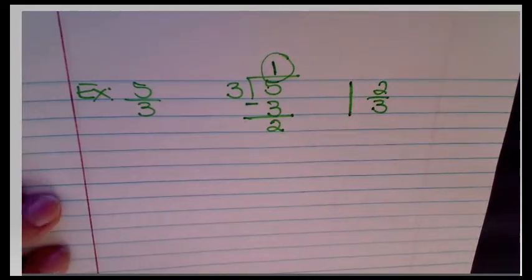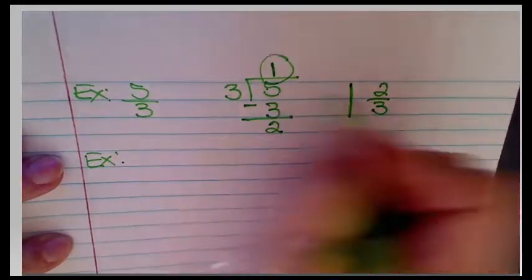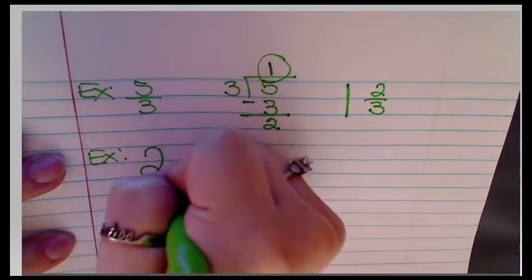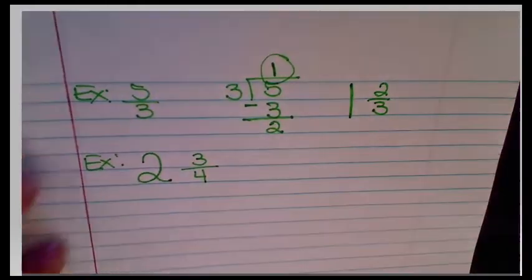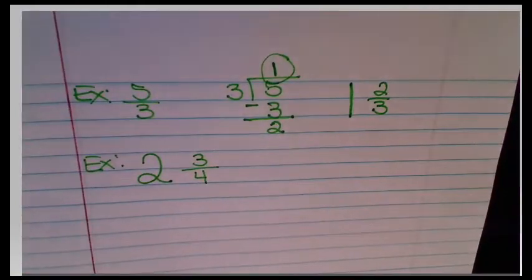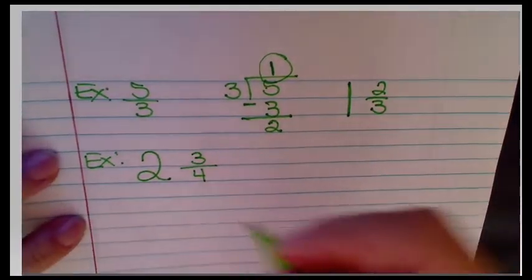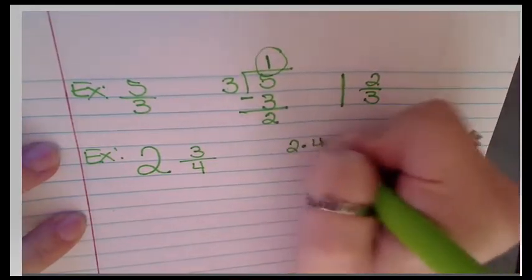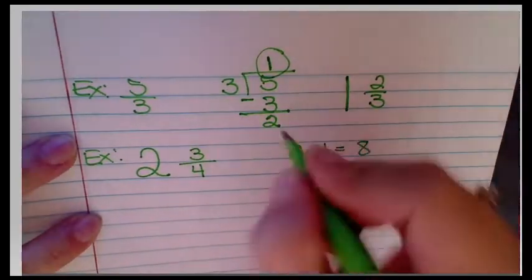Let's do another one where we go from mixed number to fraction. Just so we remember, let's do one with a 2 out front. We have 2 3/4. So this time we're trying to go to the improper fraction side. So remember, the first step is 2 times 4. And that gives us 8. Then we're going to take the 8 and add the top number, add the numerator.